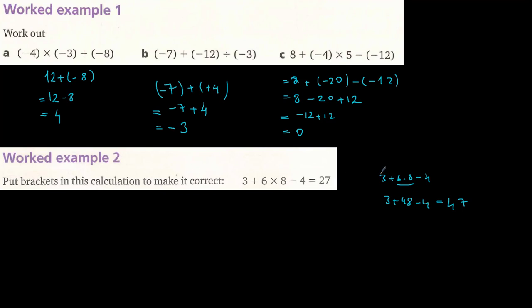But if there are no parentheses, it's asking if the result is 27, put the parentheses in the correct place.